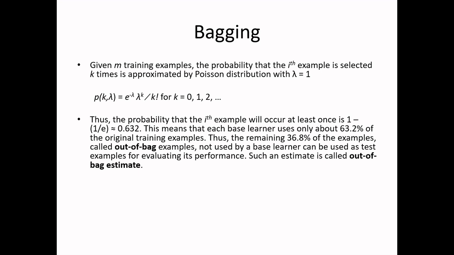So one can get an idea of the performance of the resulting system by looking at the performance on the examples that are not part of a given sample. That performance is known as the out of bag performance or out of bag estimate.